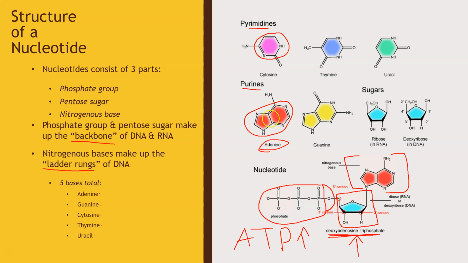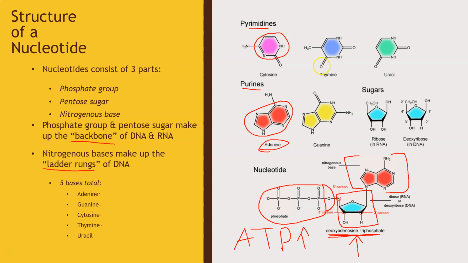You can see this ring here has 6 sides, so it's a hexagon. This ring here has 5 sides, it's a pentagon. And then this ring here is a hexagon. So adenine and guanine are your purines, while cytosine, thymine, and uracil are your pyrimidines.